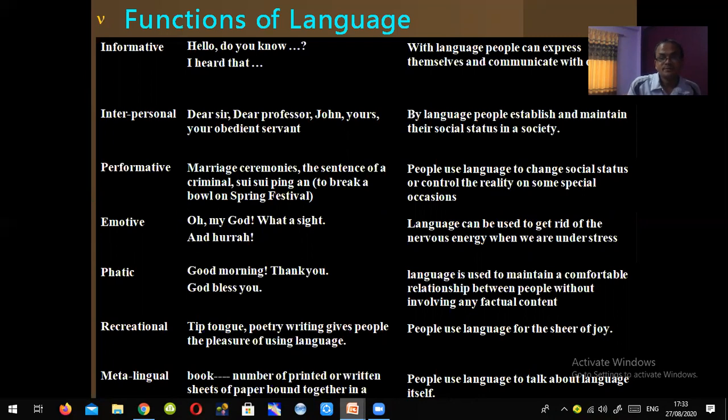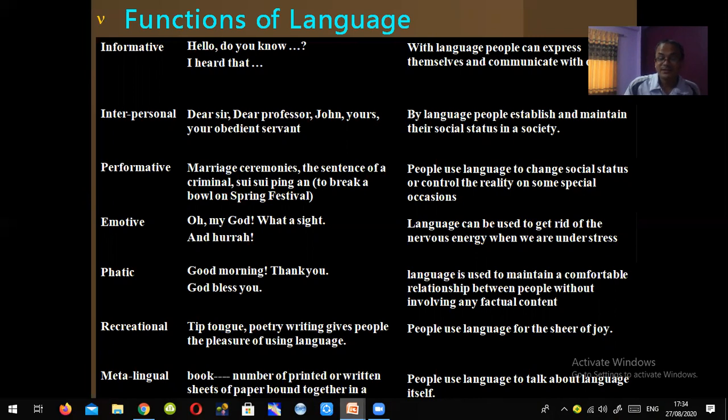Emotive: we express our emotions, show sympathy, get sympathy, empathy, etc. Phatic communion, or phatic function: we simply try to socialize or build relationships with others. Recreational function: we try to enjoy via language.